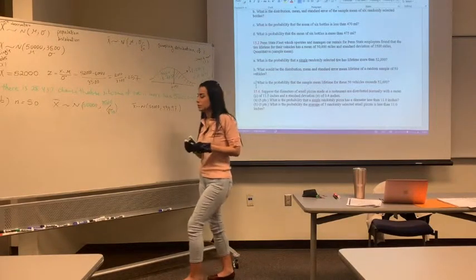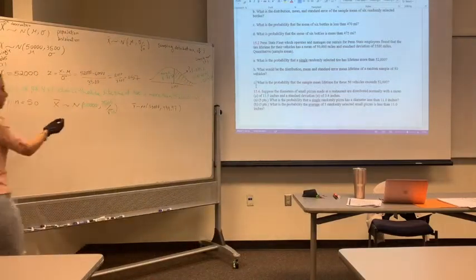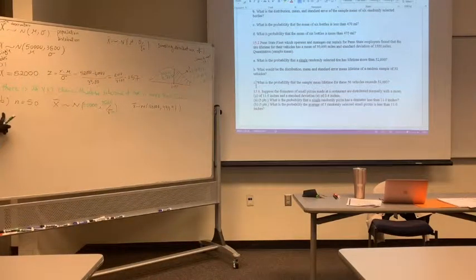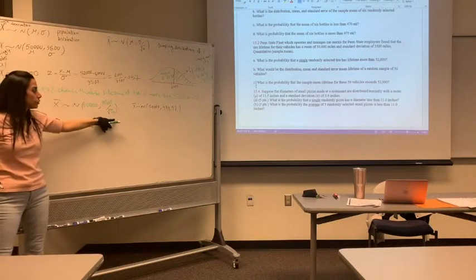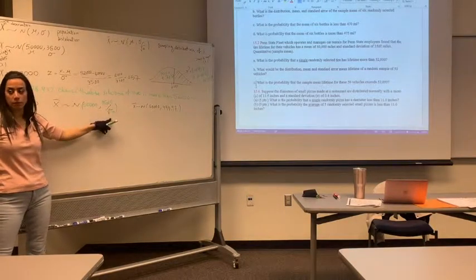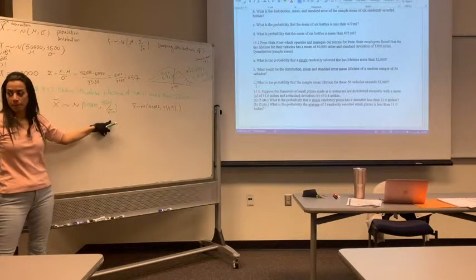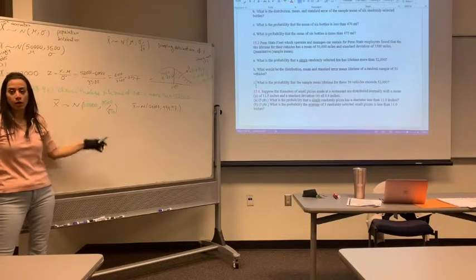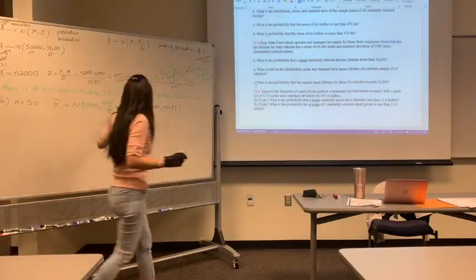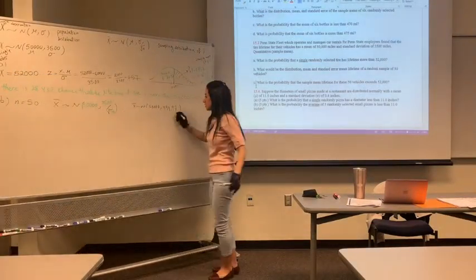Correct? So now, part B: we know the distribution is normal with this mean and standard deviation. Will it be wrong if we leave it like that? No, not at all. But I am writing this down just to make sure.